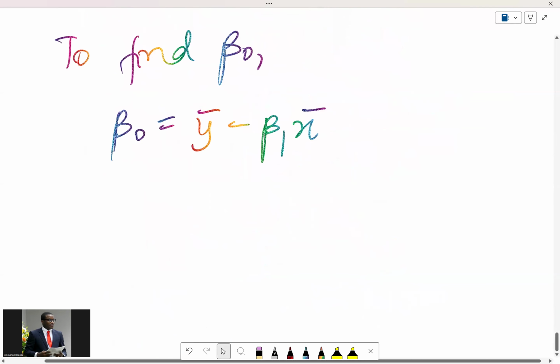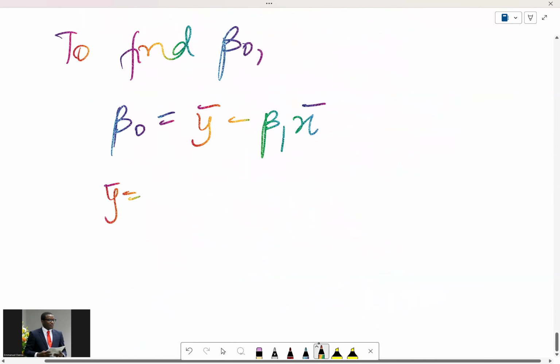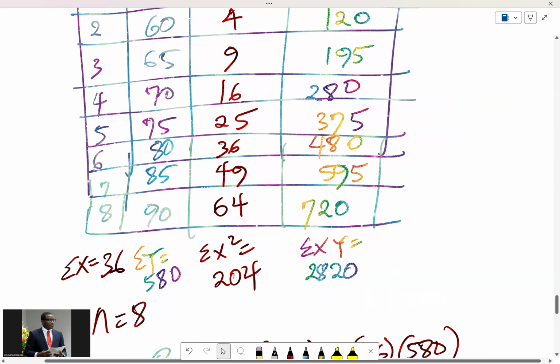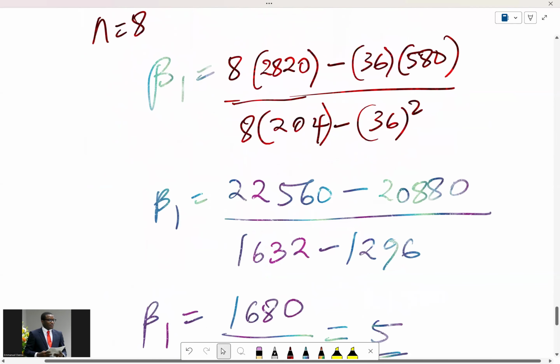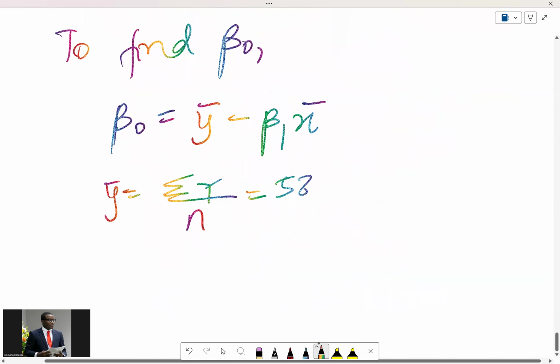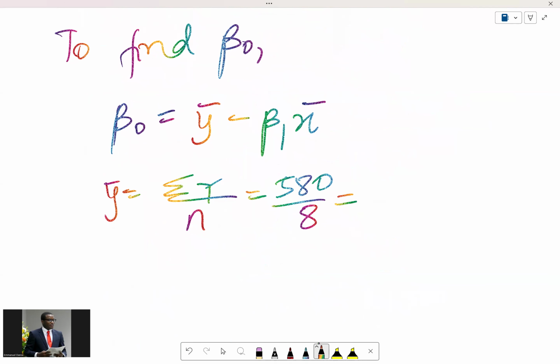We know already that y bar is equal to summation of y over n. So summation of y is 580, so 580 divided by 8. Let's just do that straight.